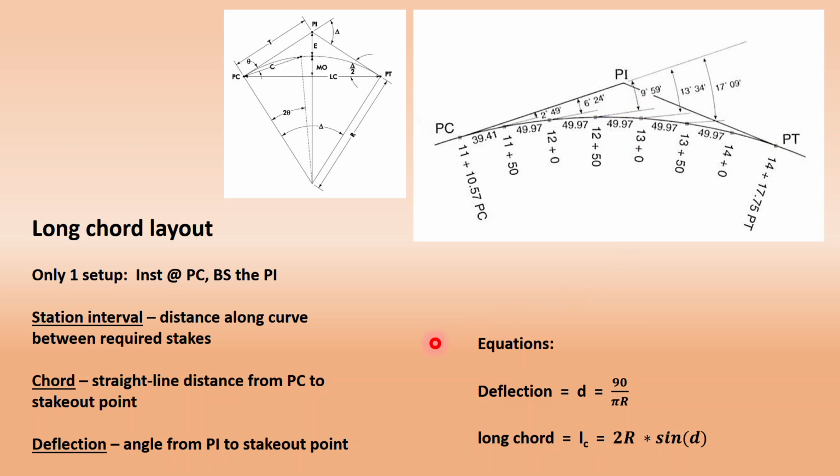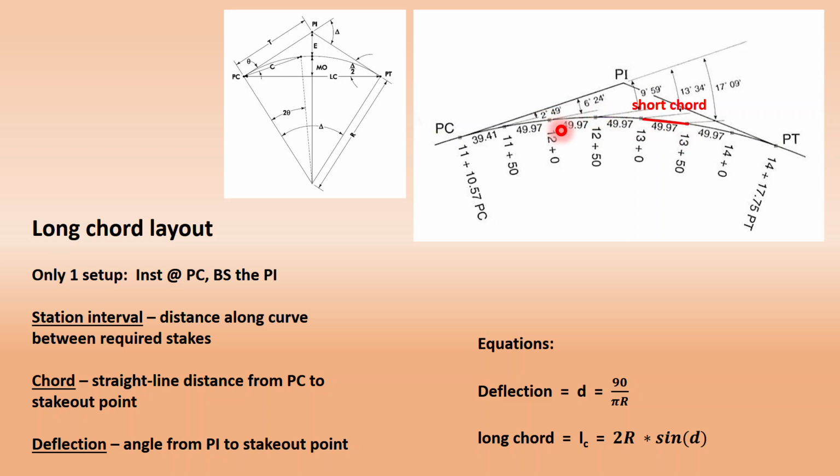Now, I don't really like the fact that they call this the long chord layout, and here's why. The textbook throws some other definitions our way. They call this the short chord dimension, the individual straight line distance between neighboring points along your curve.